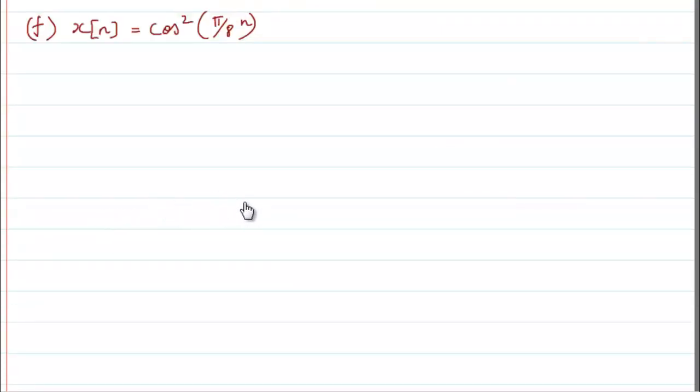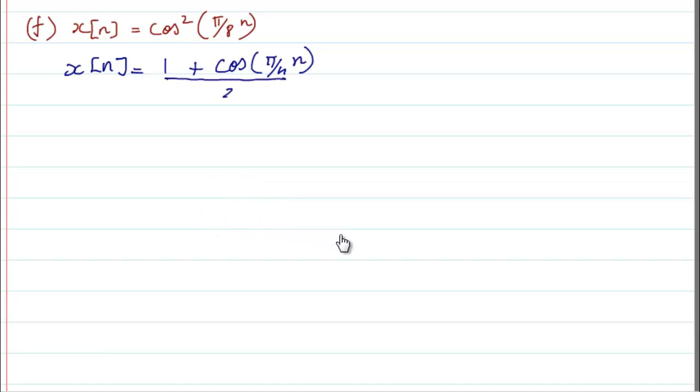So here, one of the first things that we can do is expand this signal, because it is cos square theta. So I can write that x of n is 1 plus cos 2 theta, which is pi by 4 small n, divided by 2.